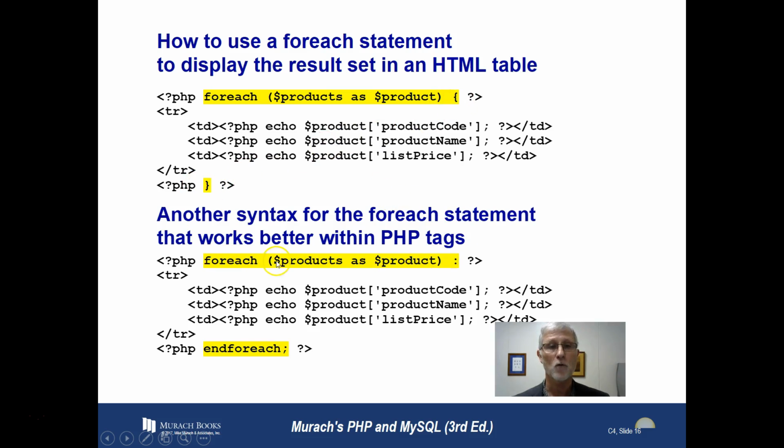So you can do foreach, the same products as products, colon, but then look at how it's ended. It says now I'm ending the foreach. So I started foreach, colon, and then I'm doing endforeach.